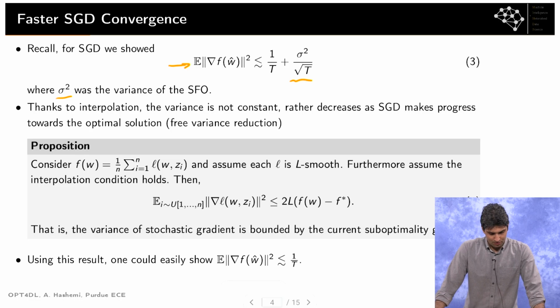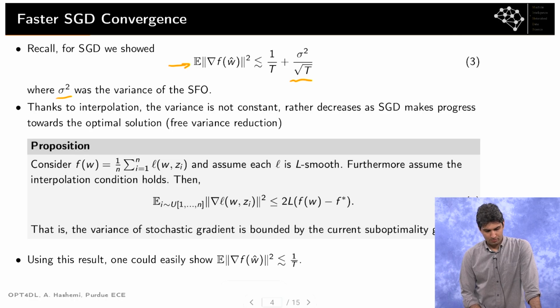Okay, so that's what we want to establish. In particular, we're going to argue, through this proposition, that the variance here, sigma square, is not constant. So, in some sense, the stochastic first order oracle that we talked about is a little bit pessimistic, especially when it comes to training overparameterized deep learning models.